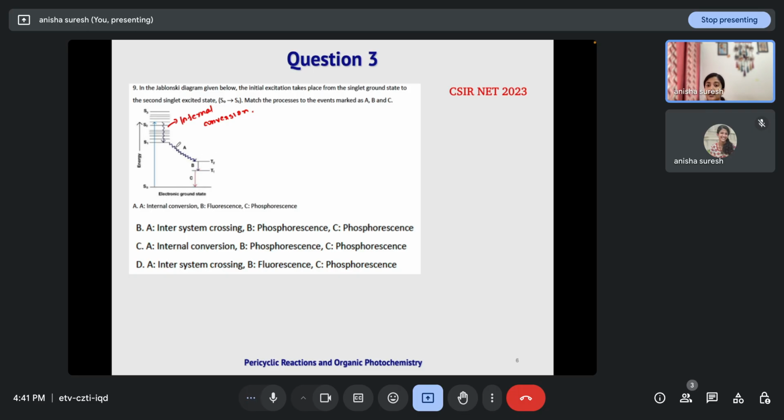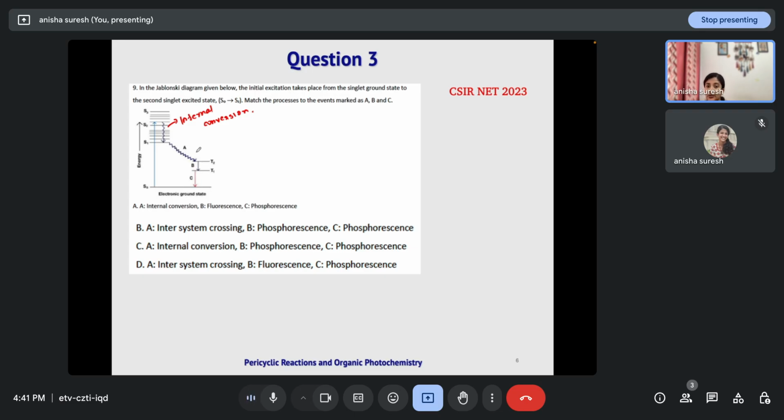That is the question. We know that from the S1 state to the T2 state, that is from one spin state to another spin state, it is undergoing a non-radiative process.